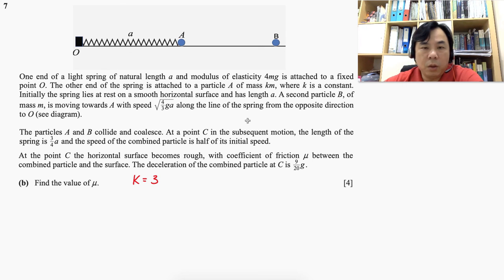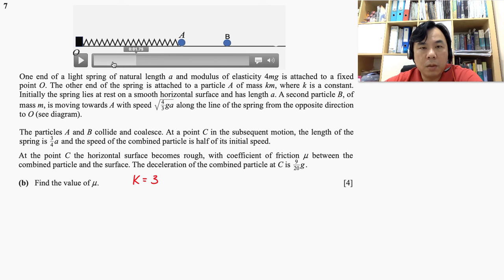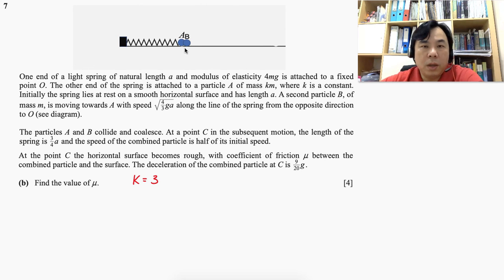Now just to show you again, the combined mass: you can see that they collide, they compress, and then the combined mass now is actually 1 plus k times m. Now the k is 3, so therefore the combined mass will become 4m, right?